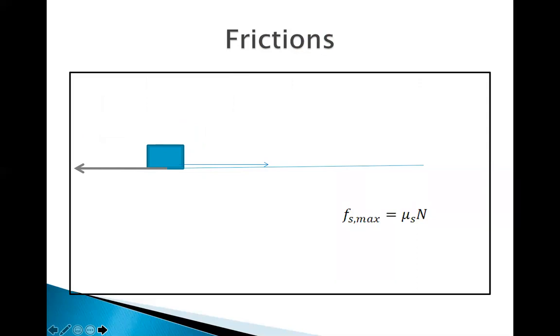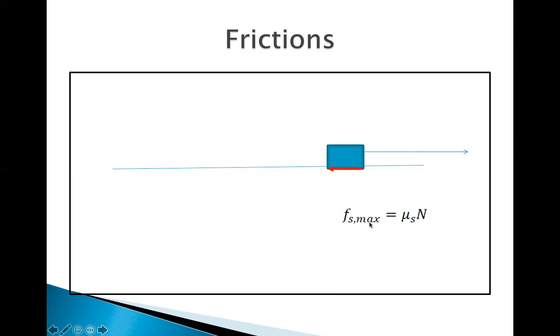The friction is larger. If you keep increasing until at one point it suddenly starts to move, at that moment the friction is called the maximum static friction. As soon as it starts to move though, the friction reduces to kinetic friction, and that's how it moves forward.